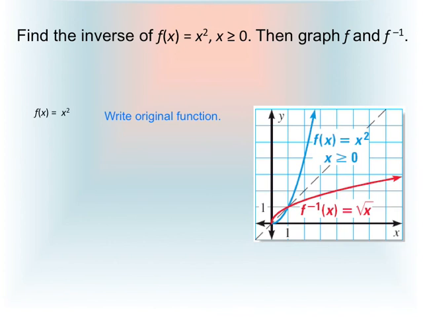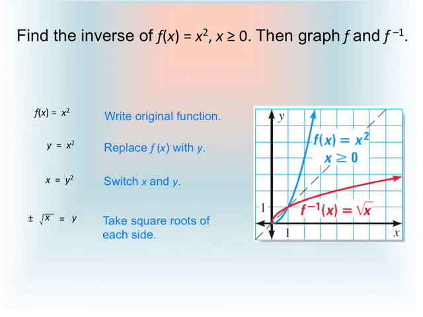In order to find the inverse, we're going to replace the original function name f of x with y equals x squared. We're going to switch x and y and solve for y by taking the square root. Normally, the square root would have a positive and a negative value. However, in this case, we're going to choose only the positive value because we have restricted our domain.